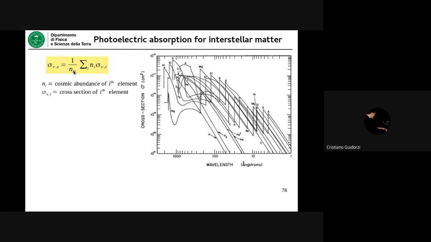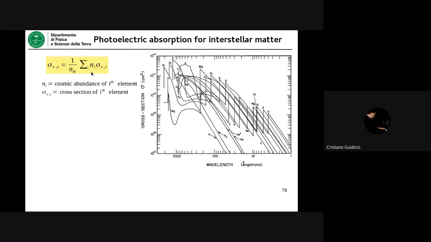And this product is just equivalent to considering the weighted sum of all the individual cross-sections. So it's just a way to define one single quantity.